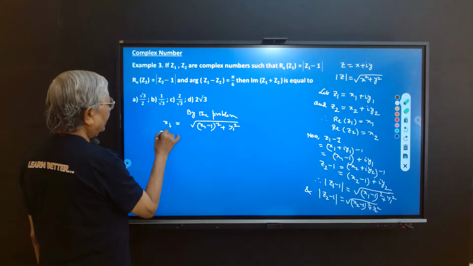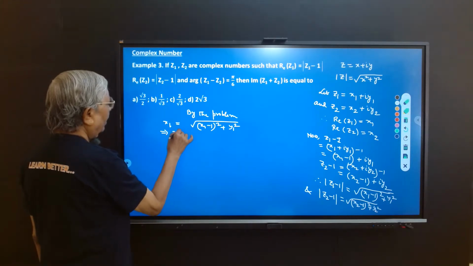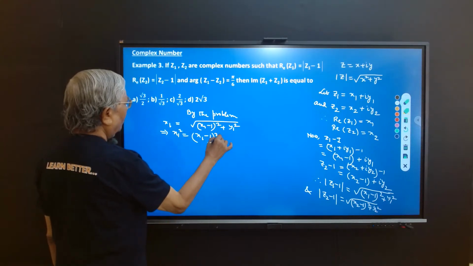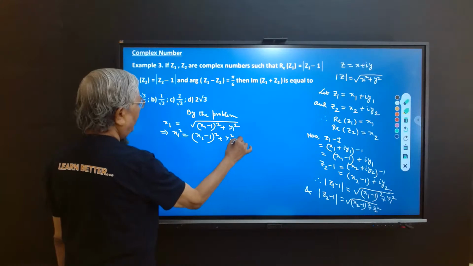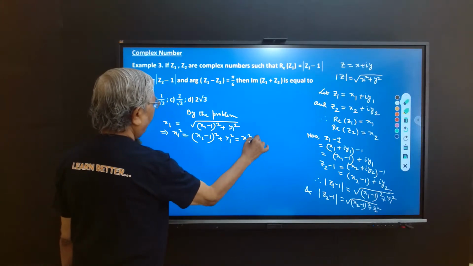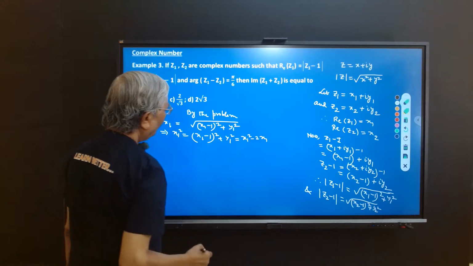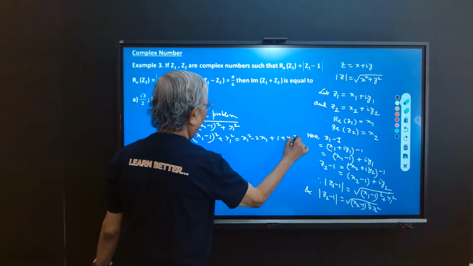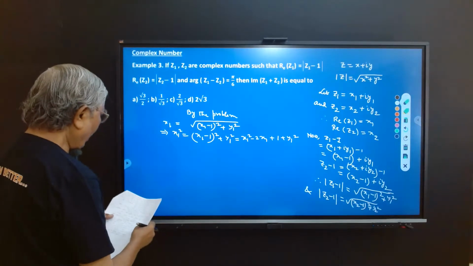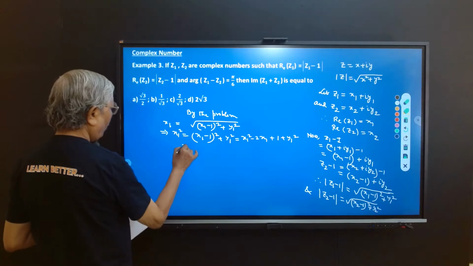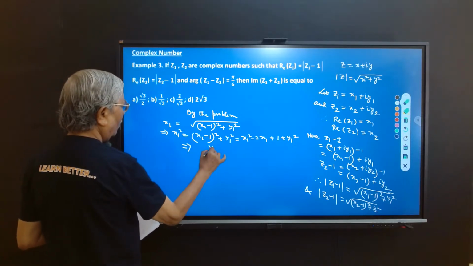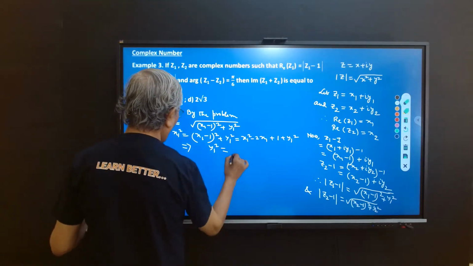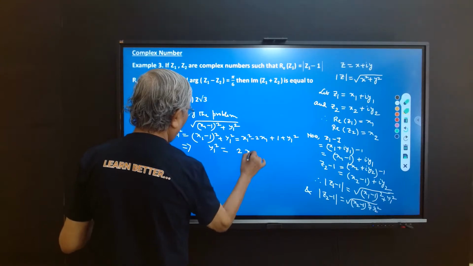So we can write x1 square equals (x1 minus 1) whole square plus y1 square, which is x1 square minus 2x1 plus 1 plus y1 square. From this you can write y1 square is equal to 2x1 minus 1.